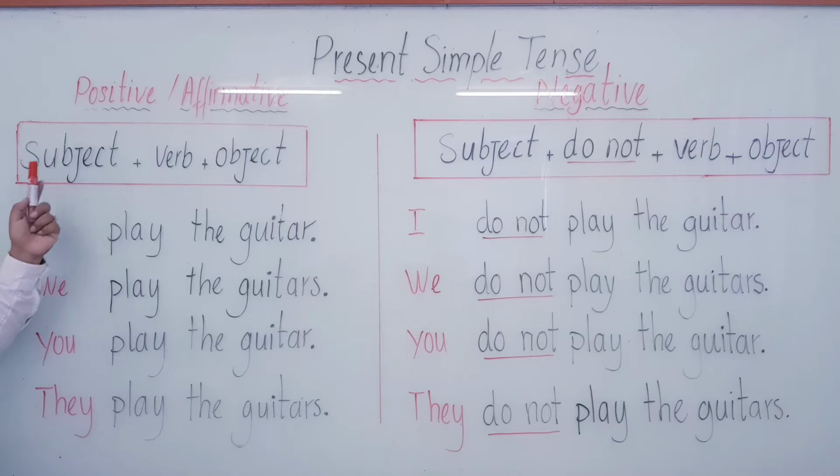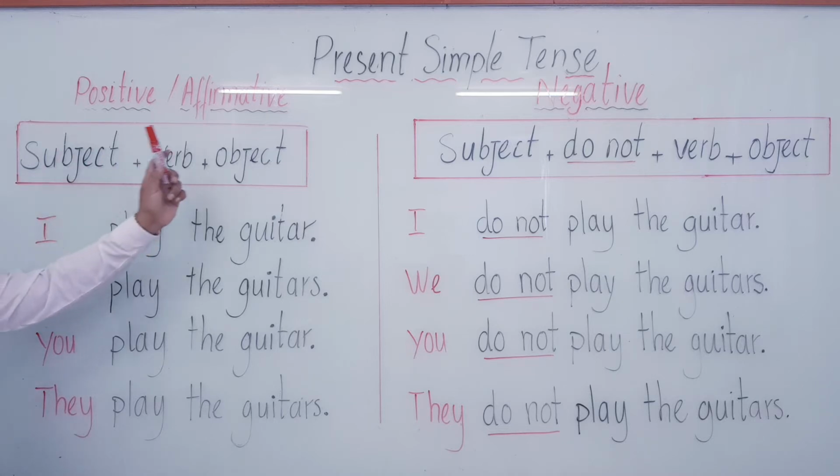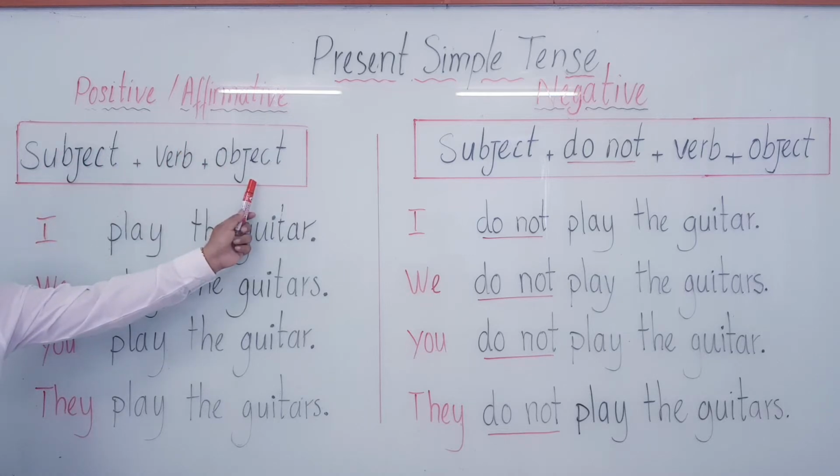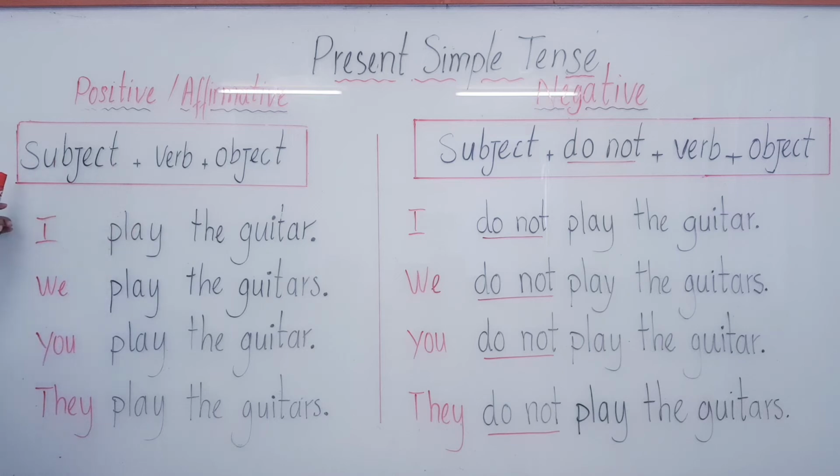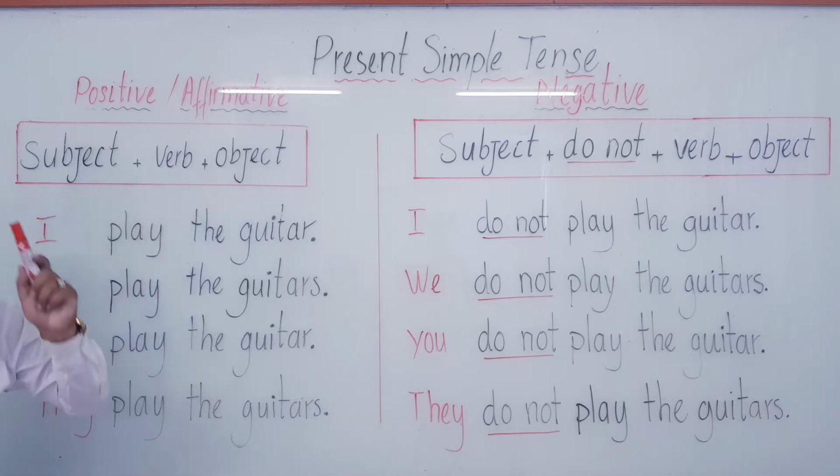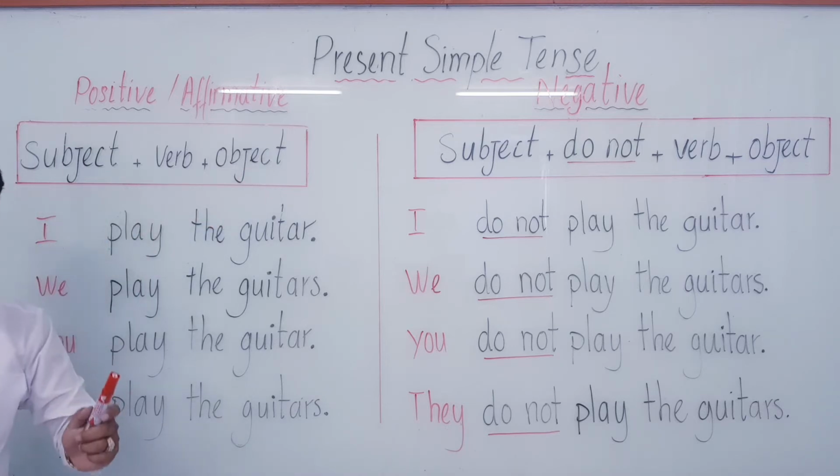We form positive or affirmative sentences by using subject plus verb plus object. This is the normal form of positive.